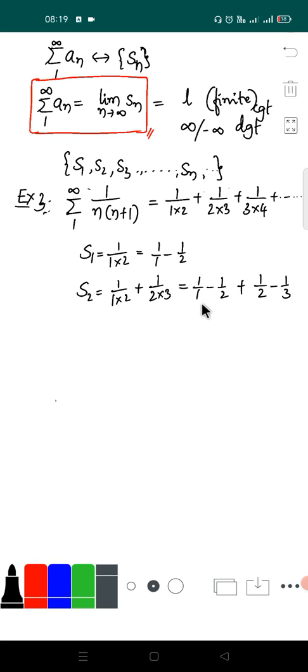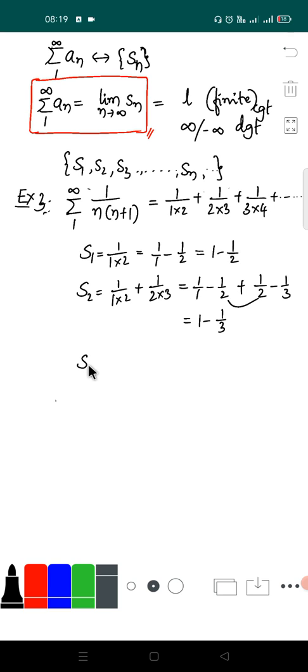So if we add all the four terms, these two cancel out each other, so we are left with 1 by 1 minus 1 by 3. So S2 is 1 minus 1 by 3.